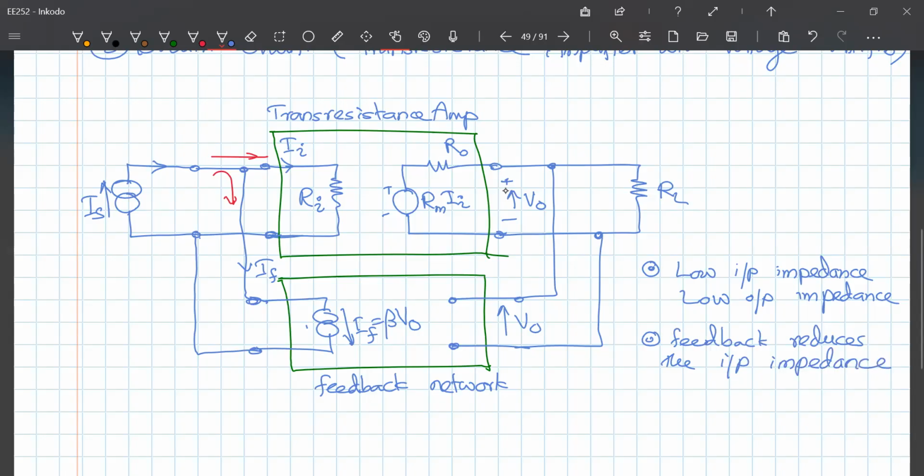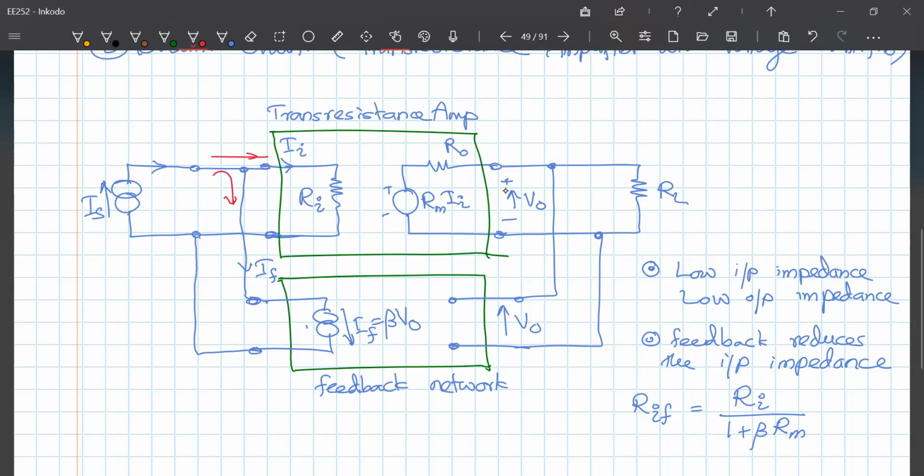It is actually very good, right? So Ri with feedback now will become the initial Ri divided by 1 plus beta Rm. Okay, so Rm is the original gain.